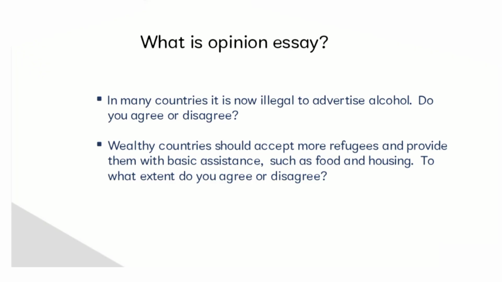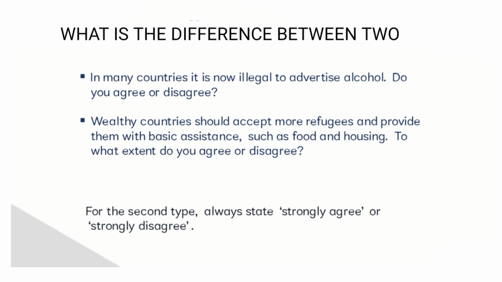Here in our first example, they are asking just whether we are agreeing or disagreeing with that. But in our second question, they are asking to what extent do you agree or disagree. Here we have to write to how much extent we are agreeing. What is the difference between the two?